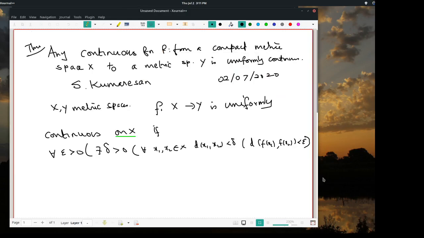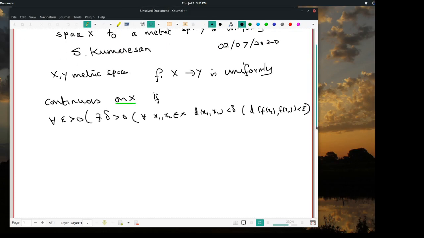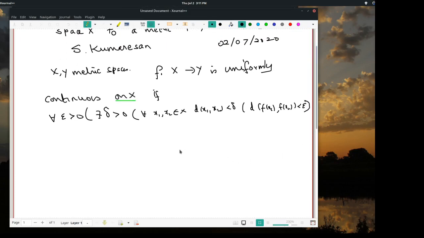Okay, this is uniformly continuous. Most often, textbooks or teachers may say uniform continuity is continuity where the delta is independent of x. That's not the way to say that. That's a corollary of the definition.